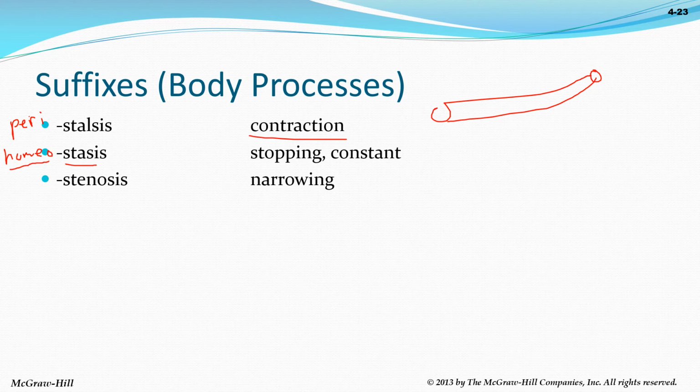Homo is same. So we want your body to be just like that. Stay the same. Be in balance. Stay like that. Don't get out of balance. So that's homeostasis. What's the opposite of homo? Hetero, right? Same is homo, different is hetero.